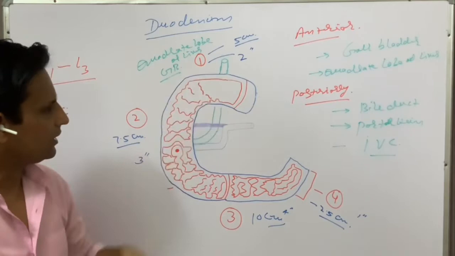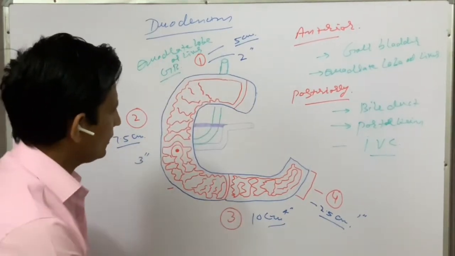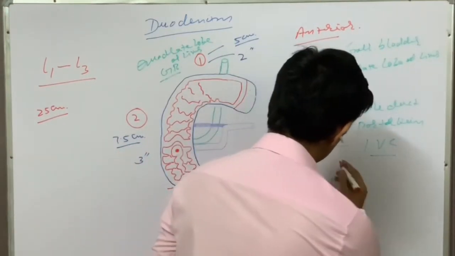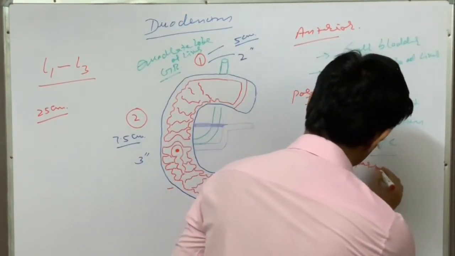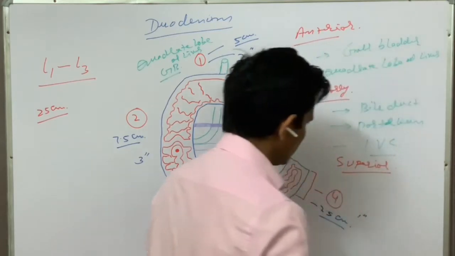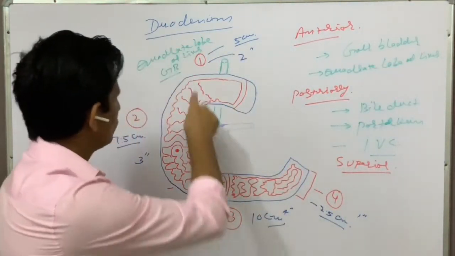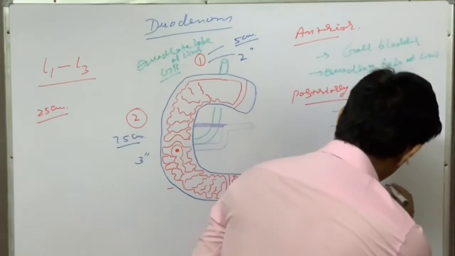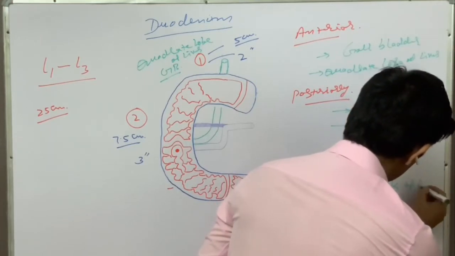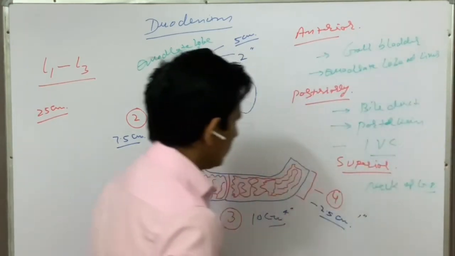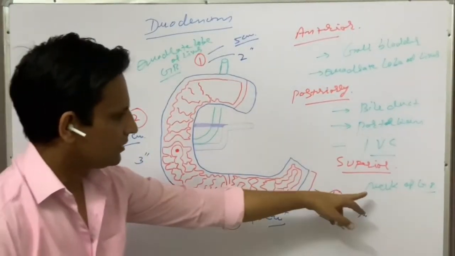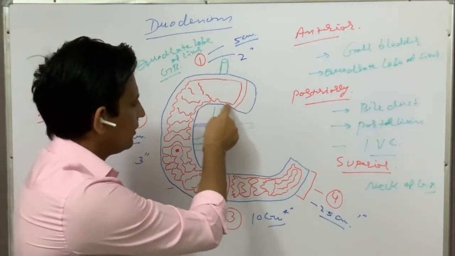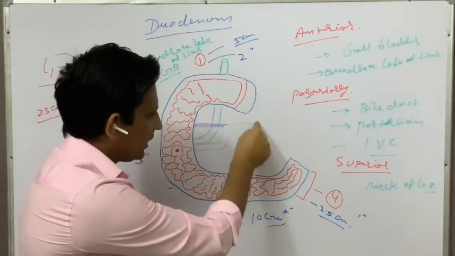Superior to this, there is a very important structure, and we can write here superior: the neck of the gallbladder. So superiorly, there is the neck of the gallbladder. This is a very crucial landmark, the neck of GB. And inferior to this, what will be there? There will be a portion of the pancreas, and which portion?